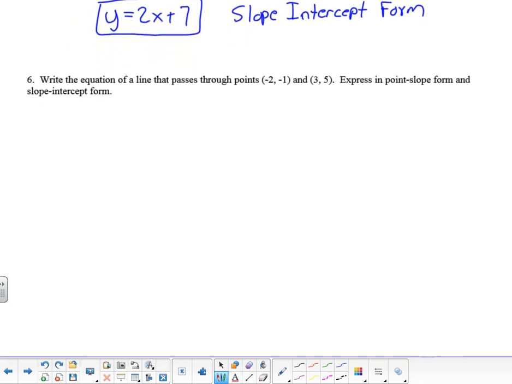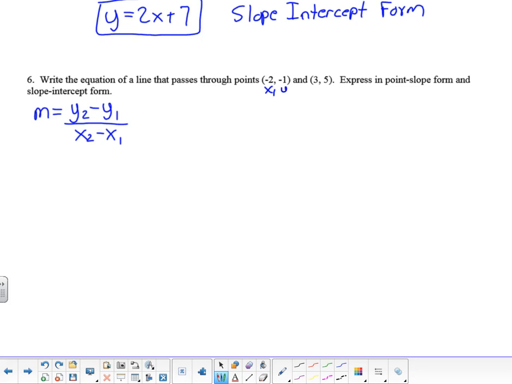Okay, number 6, write the equation of a line that passes through the points, expressed in point slope form and slope-intercept form. Okay, well, what we're lacking right now is the slope, but we know the slope formula. The slope formula is y2 minus y1 over x2 minus x1.